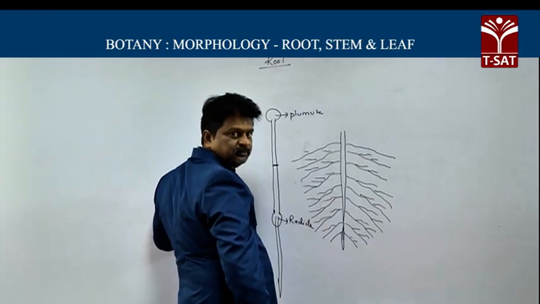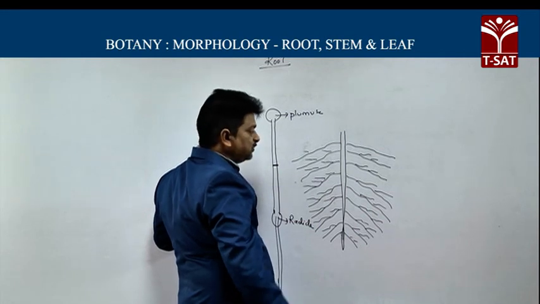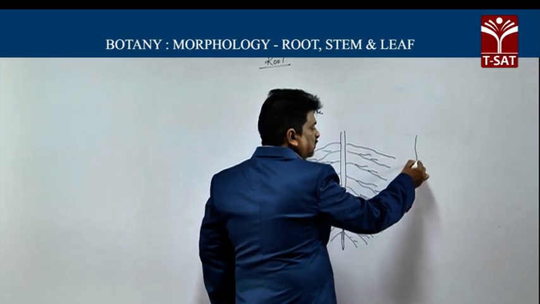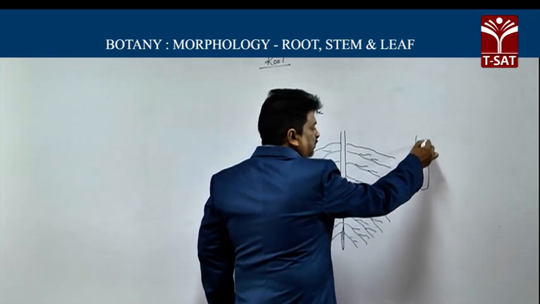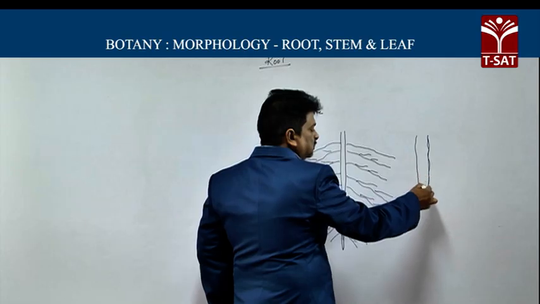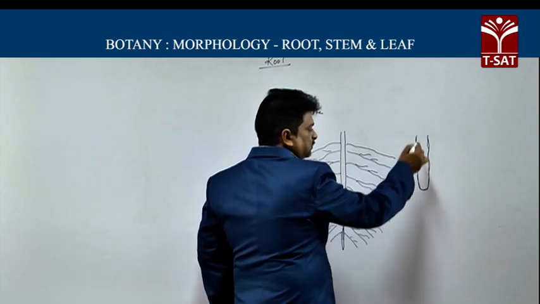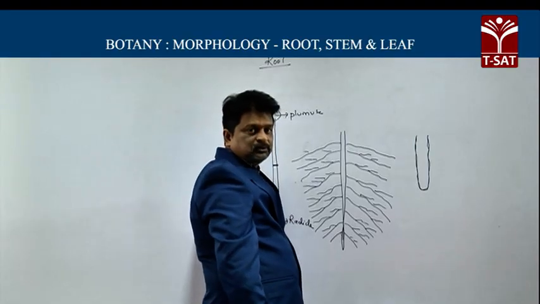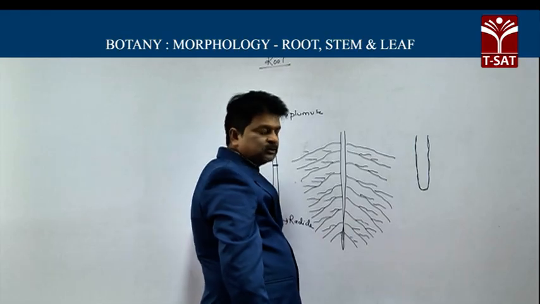And the second type, fibrous root system. In a fibrous root system also, the radical develops into the main root, but that main or taproot soon disappears or disintegrates.